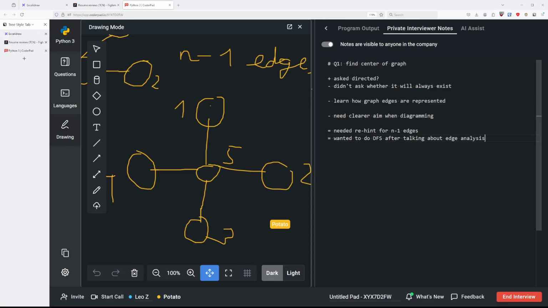We also need to keep track of the nodes that we already visited. We can have a visit set to make sure that we don't visit a node again. Yeah, that would be my initial thought.